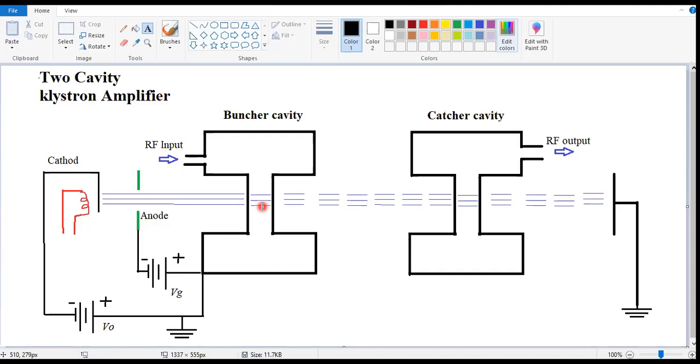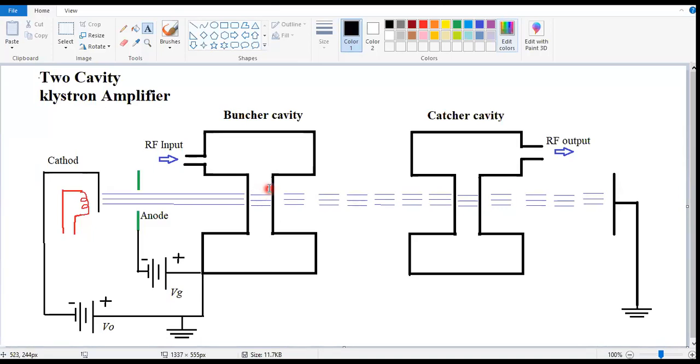Take an example of any road, maybe the Western Express Highway. At a particular point, if there is a gap or a bottleneck, the vehicles get stuck there and form a bunch.